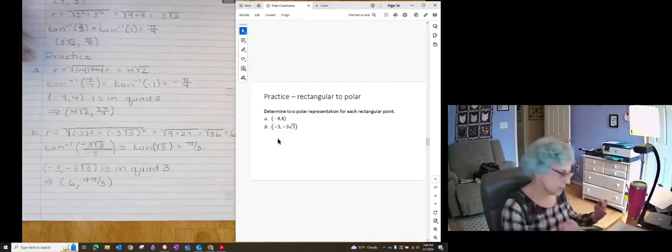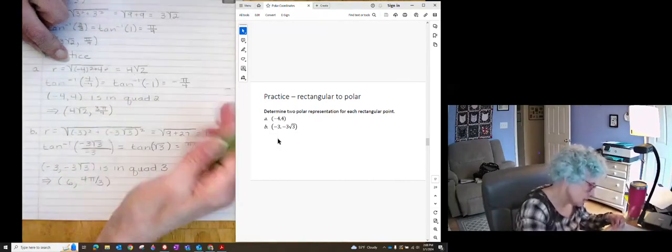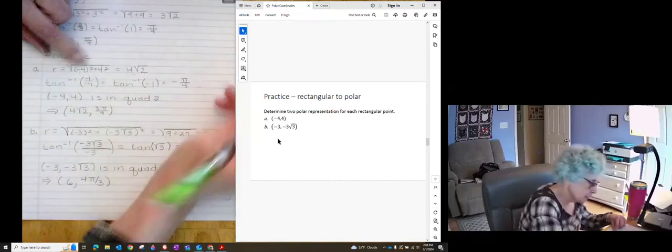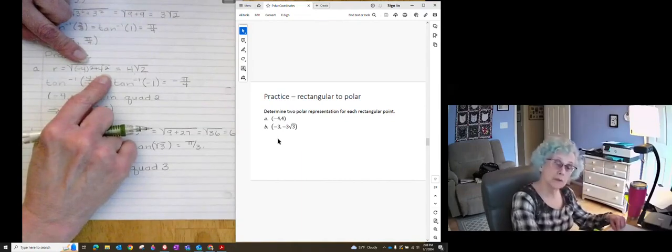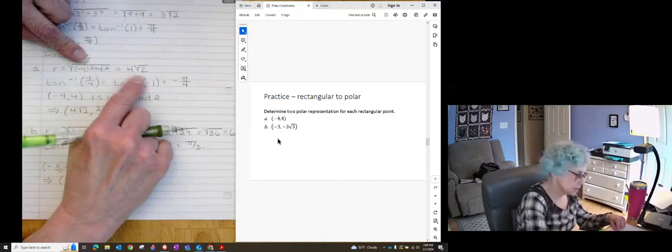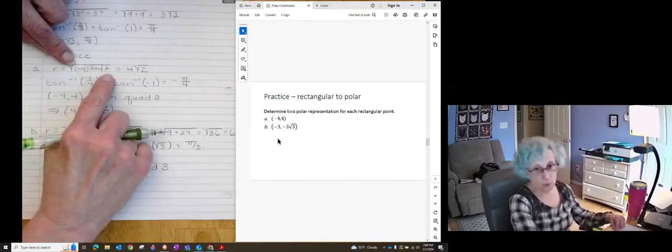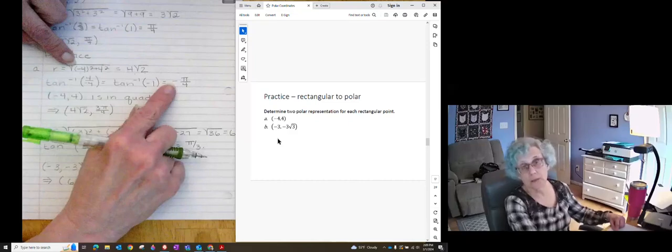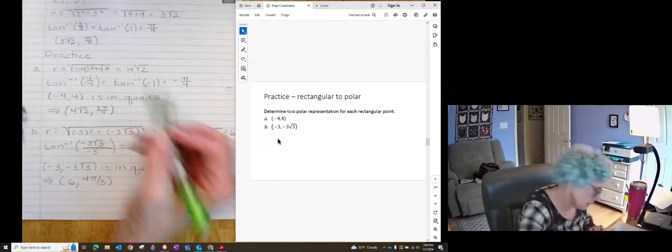So first, I found my radius by negative 4 squared plus 4 squared, which gives me the square root of 16 plus 16, which is the square root of 32, which is 4 times the square root of 2. As soon as you see 4 squared plus 4 squared, you know that it's just 4 times the square root of 2, because you got two 4 squareds living in there.